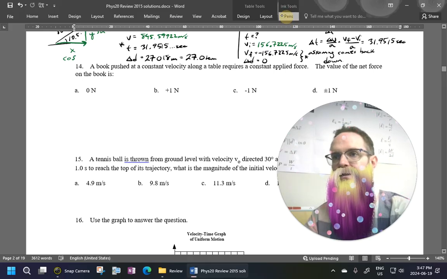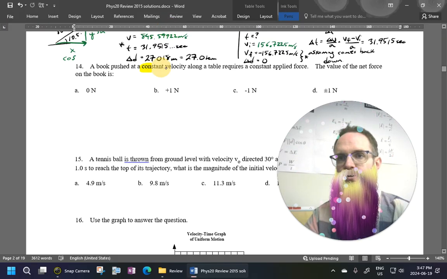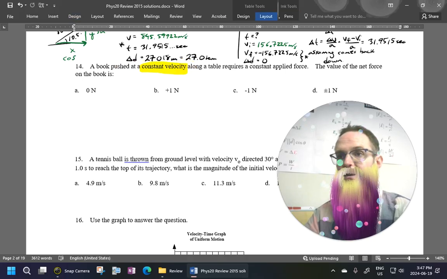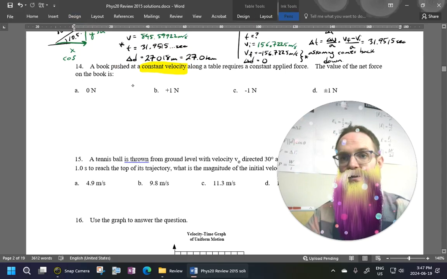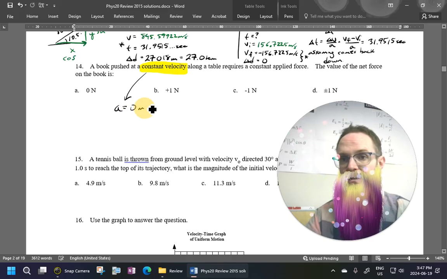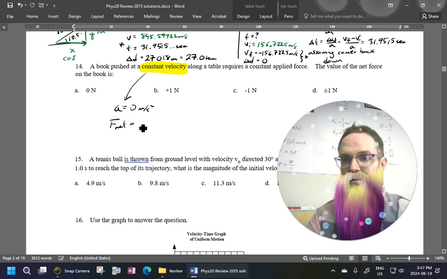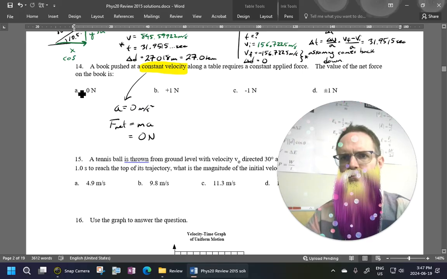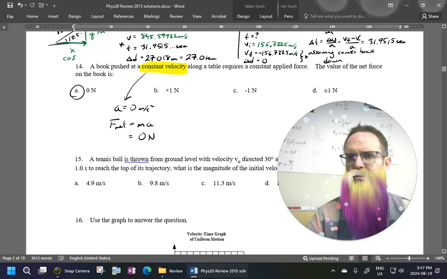Okay, so we got a nice constant velocity. If I say I'm moving at a nice constant velocity and then I say, hey, what's your acceleration? Because of this, my acceleration is 0. And if my acceleration is 0, what's my F net? Which is mass times acceleration, which is going to be 0. Oh, there you go. Answer 0.